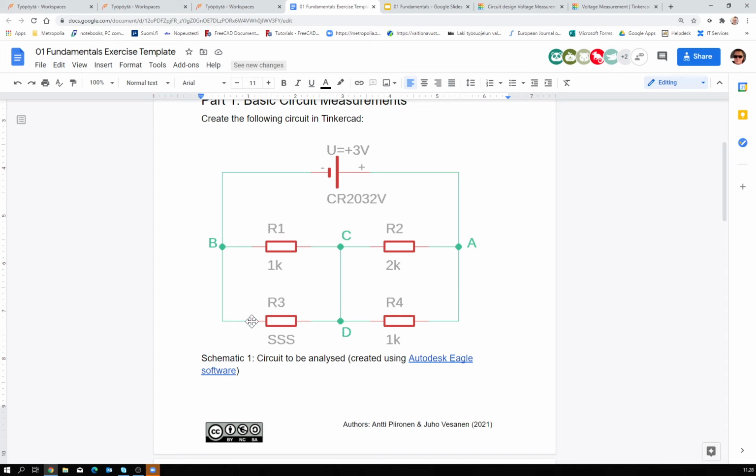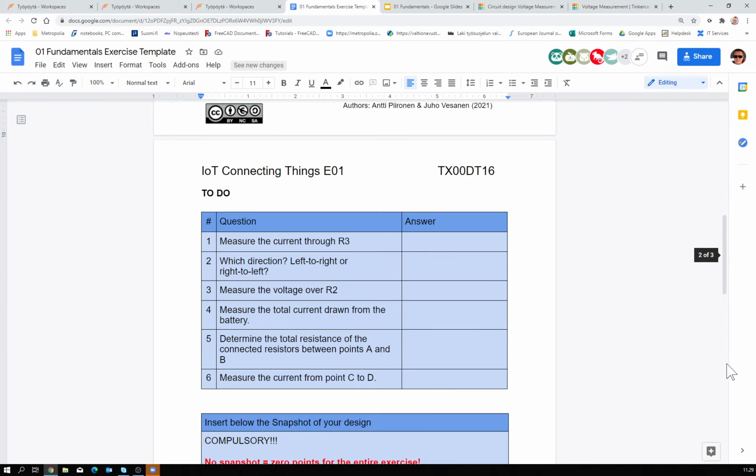So you would put that current meter either between D and this terminal or between B and this terminal, either way, it's up to you. Then which direction, left to right or right to left. You can see the sign on your meter, or you can think of which way the current would flow, from higher to lower potential.